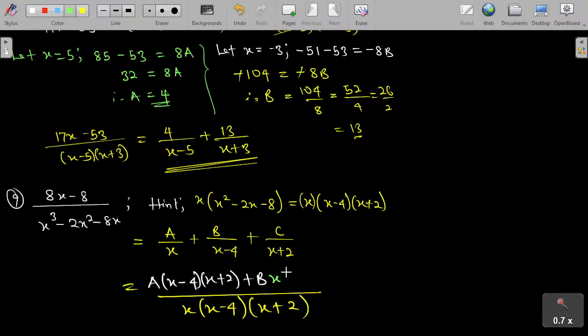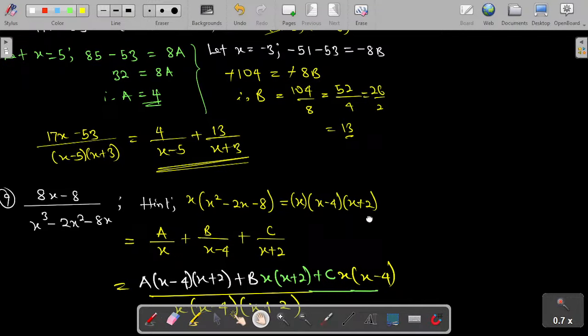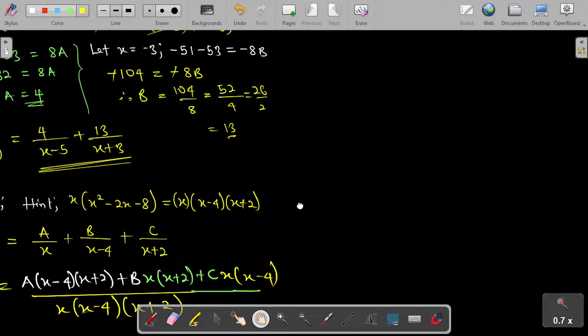So you have x into x plus 2. And finally, your c will come down and its denominator will cancel. You will have x and x minus 4 left. Okay, and that's how they produced that other hint that was given in the third part.